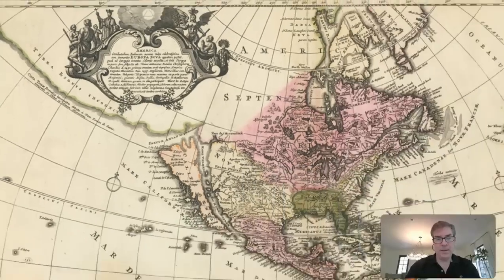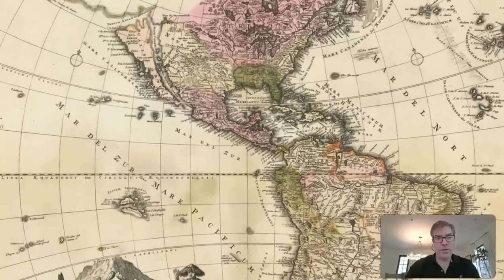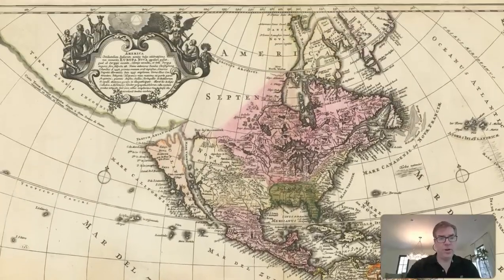So this is land that's there, it's present, but it's unknown what it is. You can see again California as an island and the Strait of Anian. But you do not see the coast of Tartary shown anymore, and you do not see the Strait of Vries anymore.